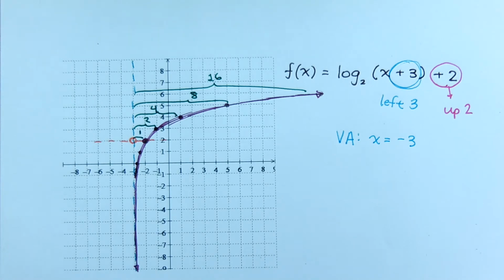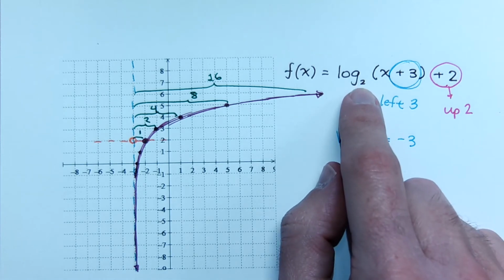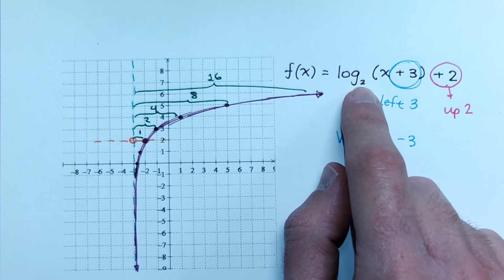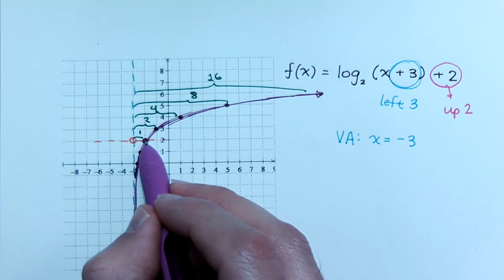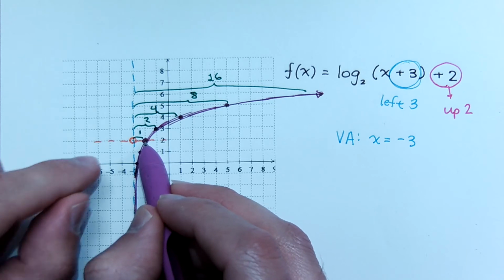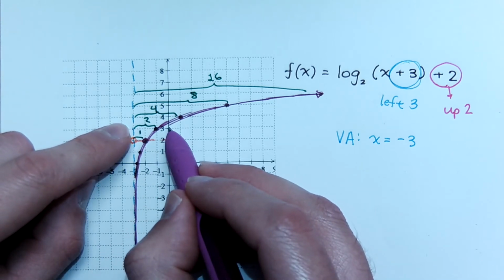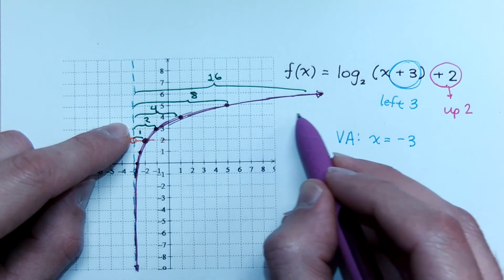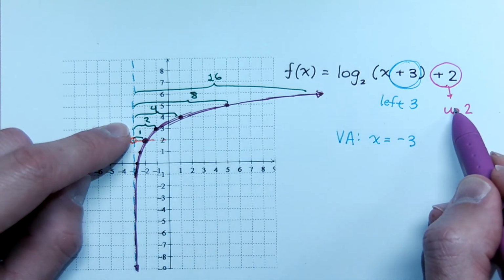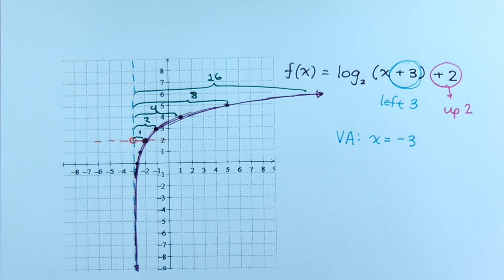Yes? Question? To graph a logarithm with the base being a number different than 2. Okay, so suppose the base were 3. You would still have this point 1, 0. But if the base were 3, you'd go out 3, because 1 times 3 is 3. Then the next step, you'd be out 9, and then you'd be out 27. The same pattern that we would have had for an exponential, just a different orientation.